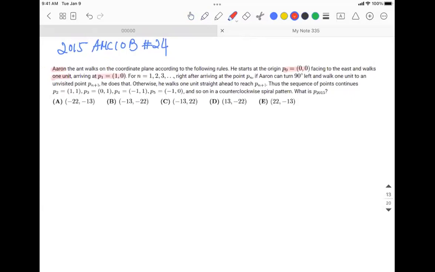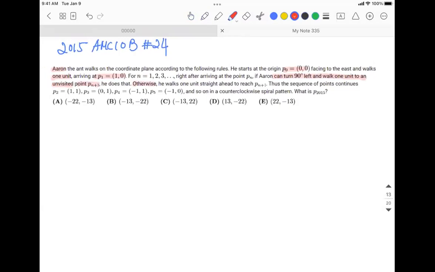For n equals 1, 2, 3, and so on, right after arriving at a point Pn, if Aaron can turn 90 degrees left and walk 1 unit to an unvisited point Pn plus 1, he will do it. As long as you can turn left 90 degrees and walk 1 unit to reach a new point, please do it.